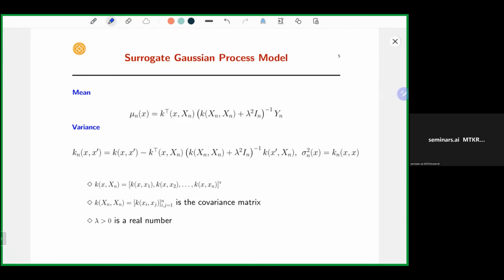For algorithm design, it's useful to employ a surrogate Gaussian process model, which provides us with a mean and a variance. These are the standard posterior mean and covariance of a multivariate Gaussian, given the observation points x_n and y_n.